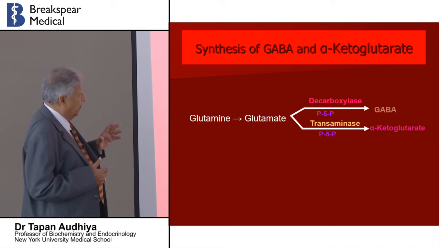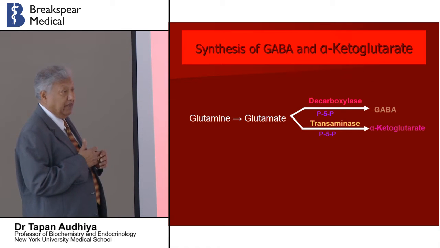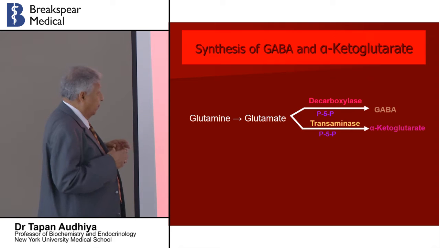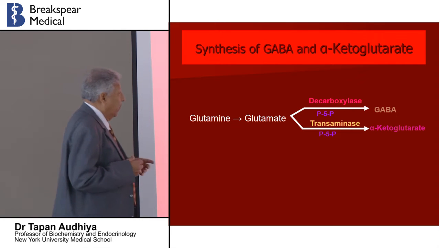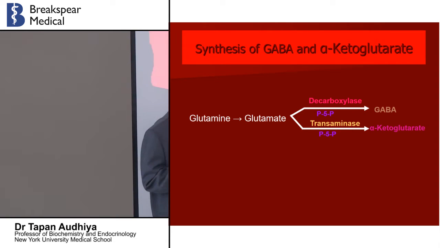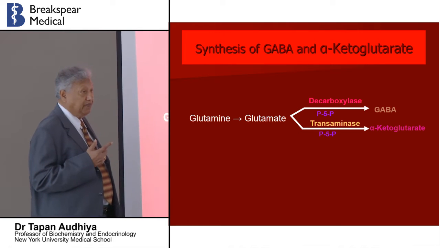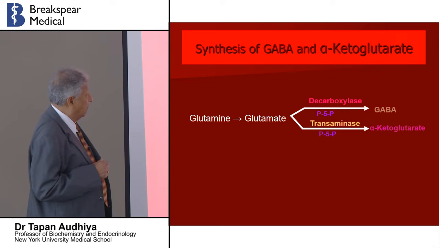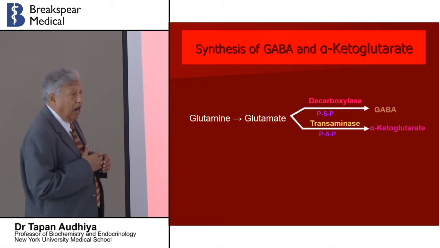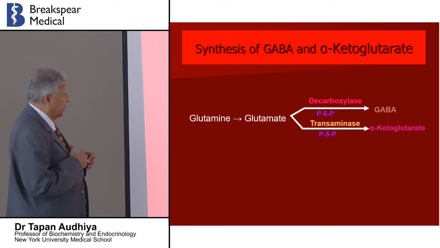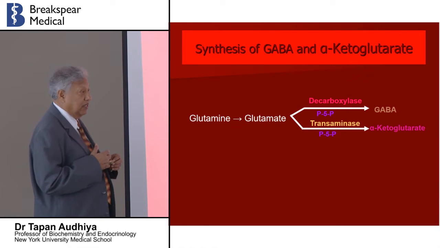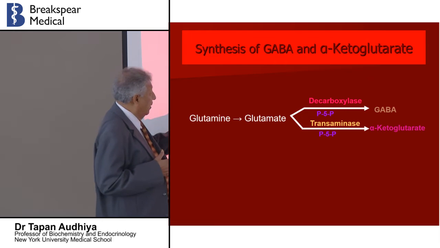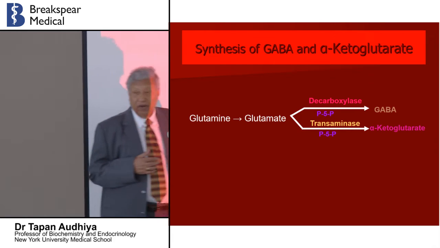Now, if there is a shortage of vitamin B6 in the brain, then whatever is available, transaminase takes over and makes alpha-ketoglutarate. They cannot make GABA. And that is a big problem, because the transaminase has about 100-fold more affinity towards the P5P than the decarboxylase. So there are ways to handle that, and I will also talk about that.